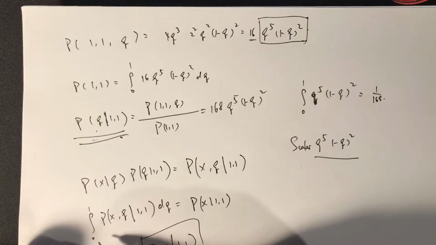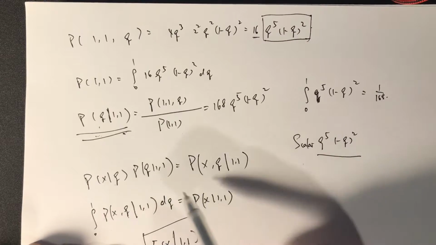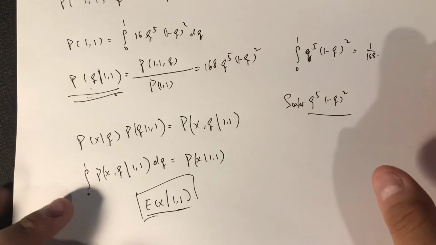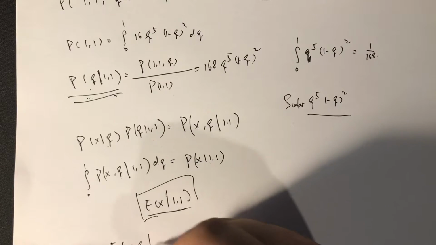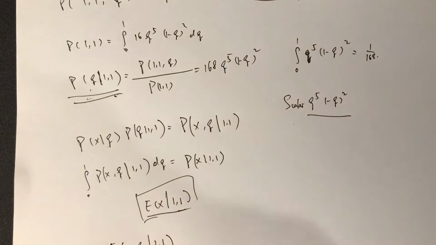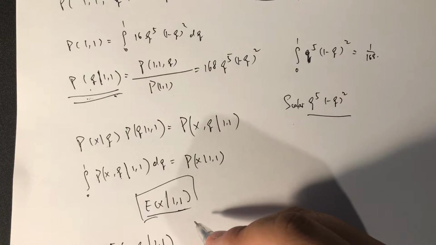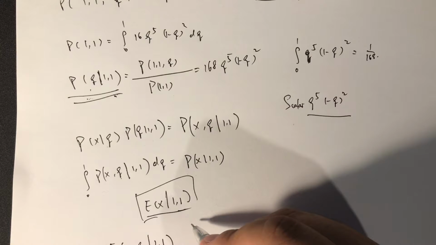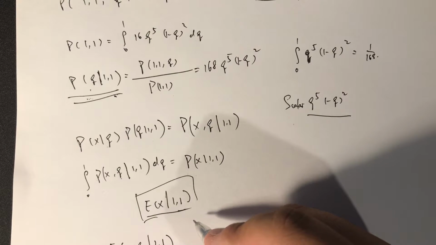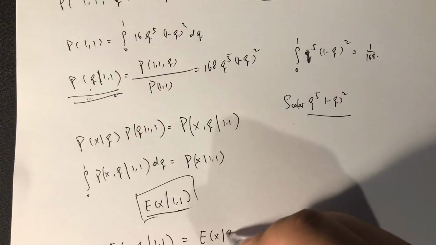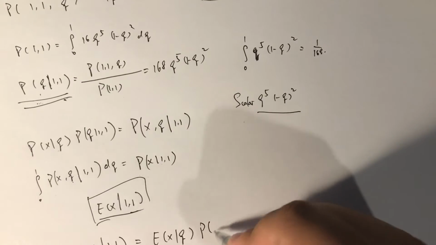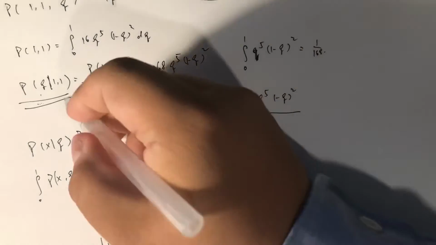you see here, we integrate out q in the probability. The same thing can be achieved when we want to calculate the expected value of x given 1, which is the expected value of x given q times the probability of q given 1, which is here.